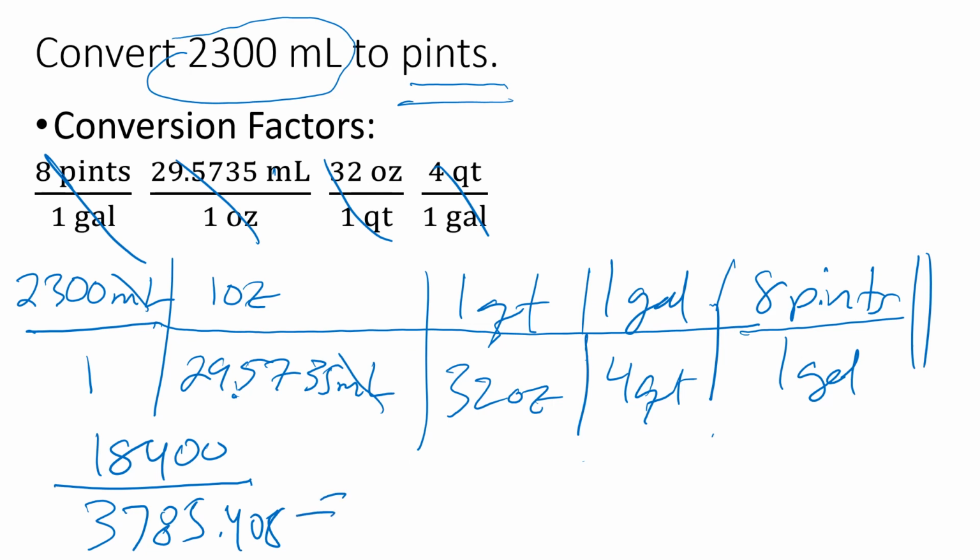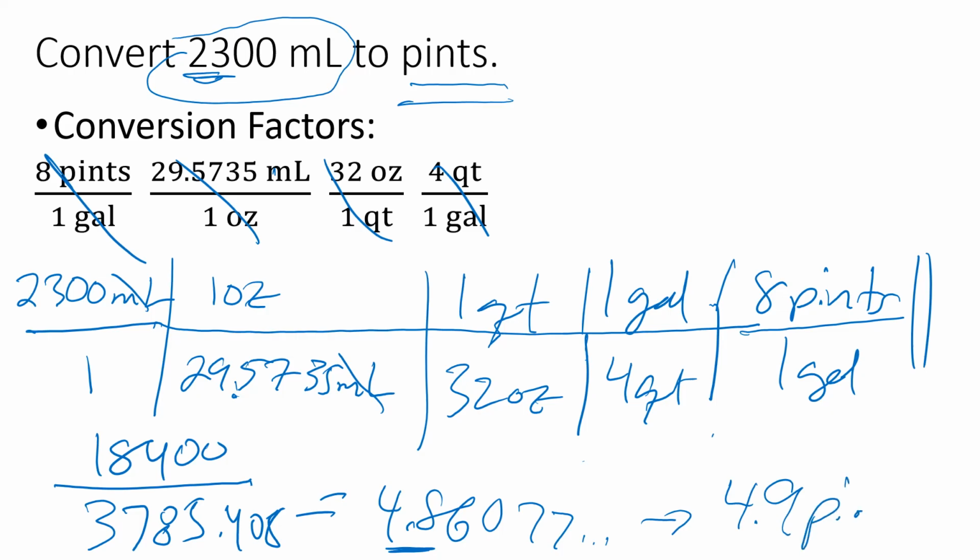So 18,400 divided by my denominator will be 4.86077. So I have only 2 sig figs here, so my final answer can only have 2 sig figs. So luckily, it's just going to be 4.9 pints.